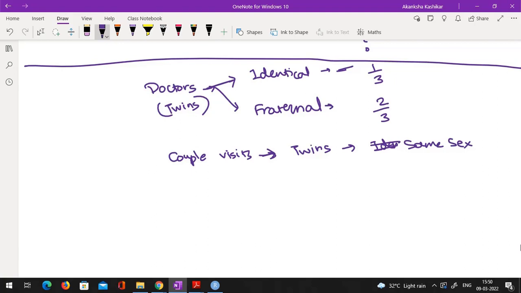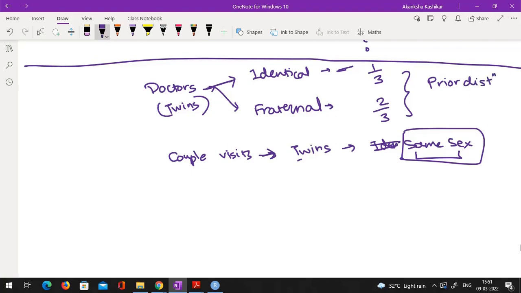For our calculation, whether it's a girl or boy doesn't matter. What matters is both have the same sex. Now with this knowledge, do the chances of their children being identical or fraternal change, or do they remain the same? So this is what is known as the prior distribution.